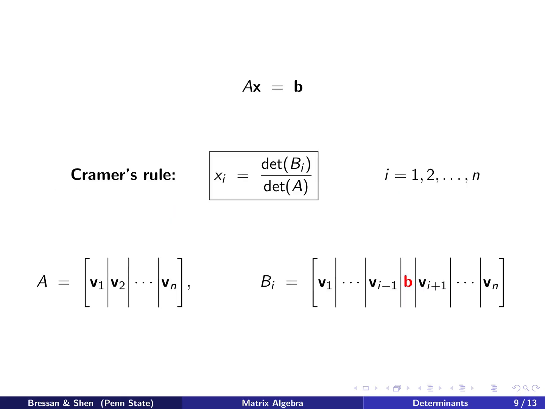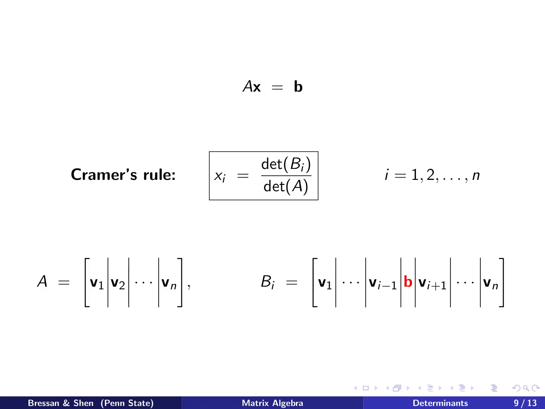Okay, so let's summarize and put all the results in one page. We want to solve Ax equals B, where A is a square matrix. Cramer's rule says the solution xi for any i from 1 to n is the ratio between the determinant of Bi over the determinant of A, where A is this matrix here, and we can write out its columns to be V1, V2 to Vn.